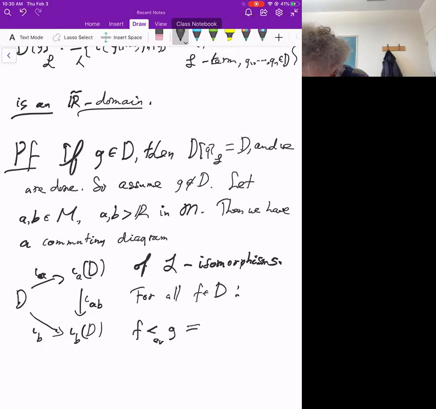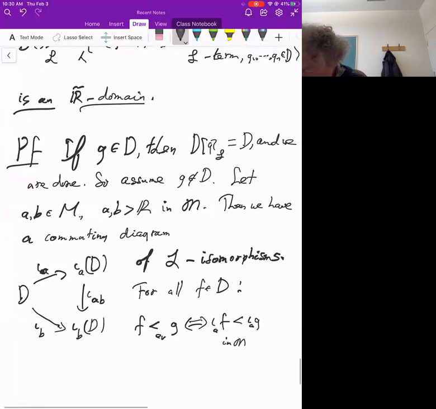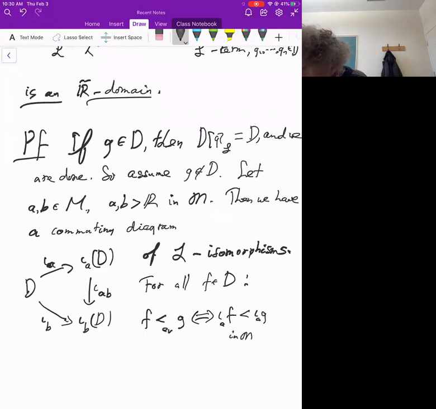That of course is the same as iota a f less than iota a g in M, as we have noticed before. But it's also equivalent to iota b f less than iota b g in M.